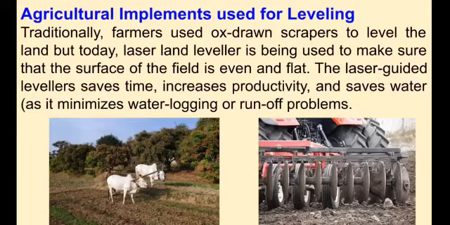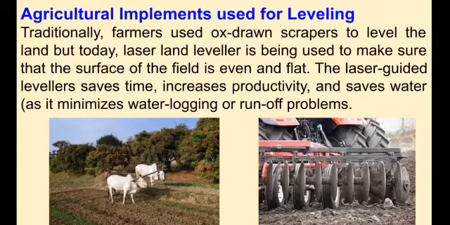So let's try to understand how the farmer does this process. Agricultural implements used for tilling or plowing are the plow, okay, it drags the soil, which is a very traditional method. Then the hoe. Hoe, what is a hoe? It is also a very traditional implement which is used for plowing.